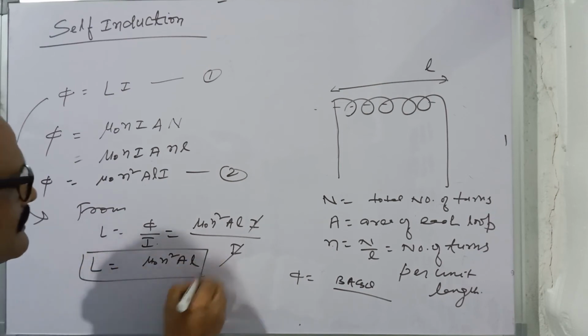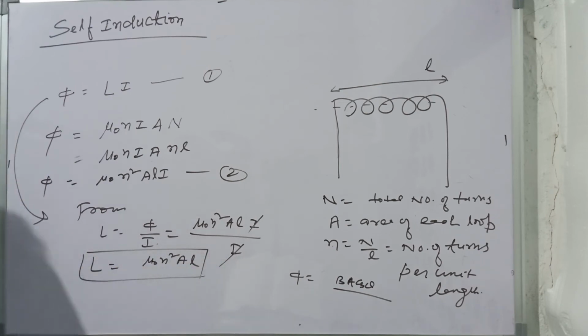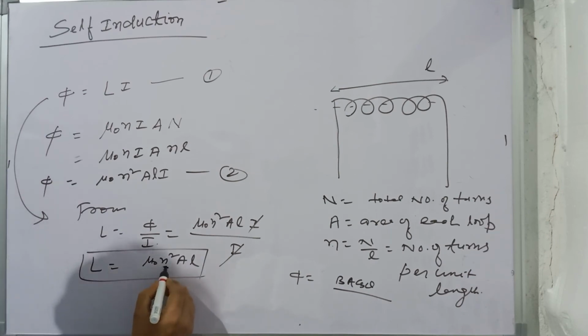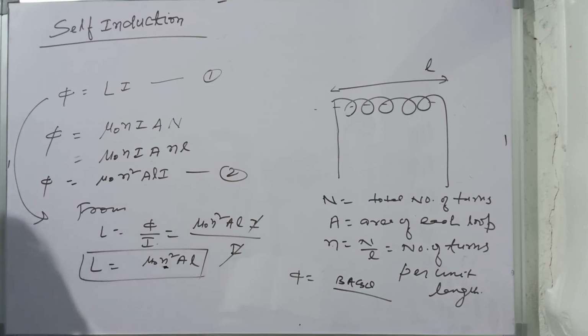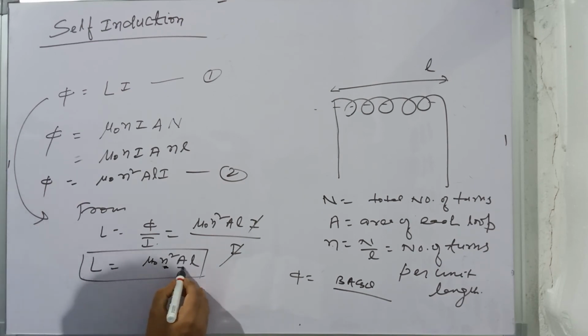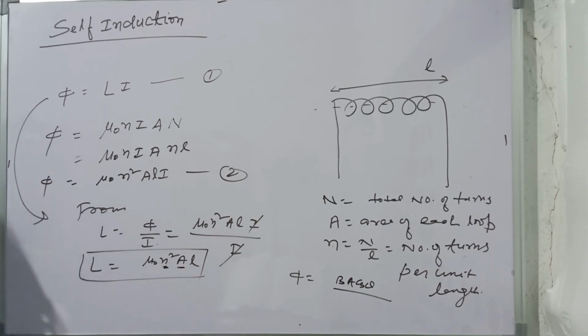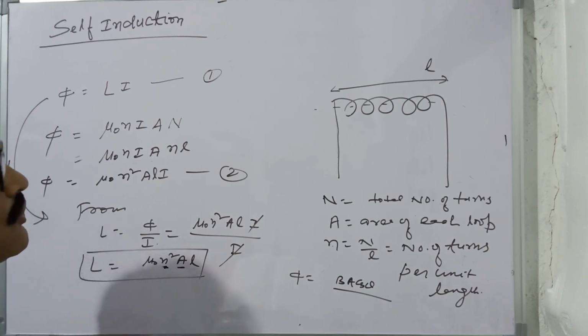This is the value of the self inductance. Generally it is known as the self inductance, and its value will depend on the number of turns per unit length, the area of each loop, and l, the total length of the solenoid.